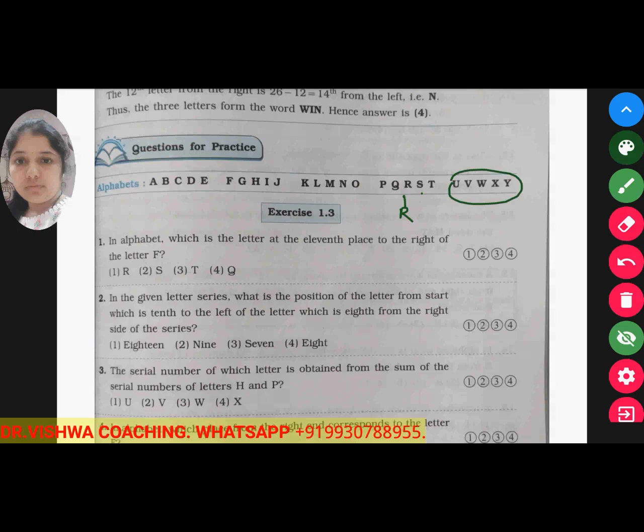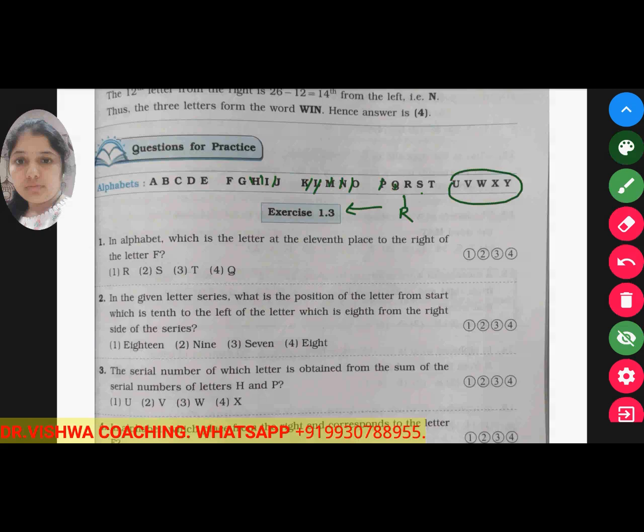Now we want the 10th letter to the left of the letter. To the left of the letter means you have to move towards your left side. So 1, 2, 3, 4, 5, 6, 7, 8, 9, 10.